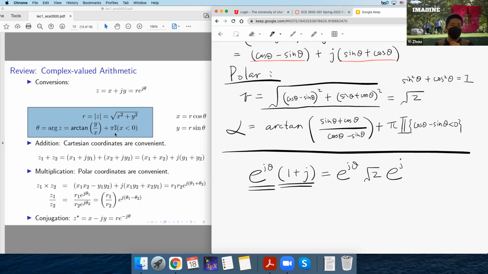And the real part is positive, so we can ignore the added pi. So you only have arctangent 1, which gives you pi over 4. Okay. And then the final result is square root of 2 times e to the j of theta plus pi over 4. Theta plus pi over 4.